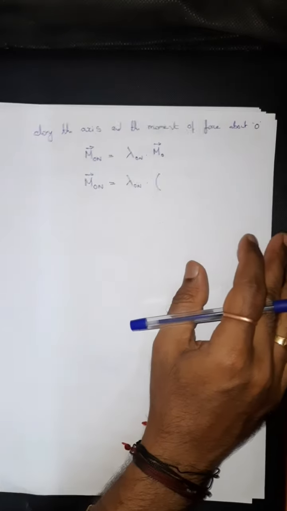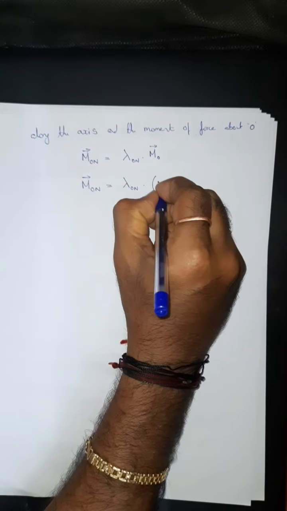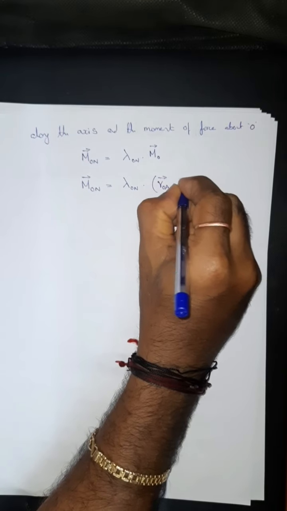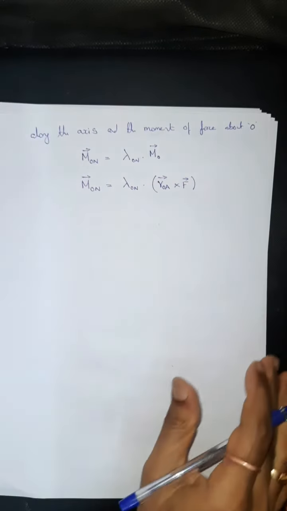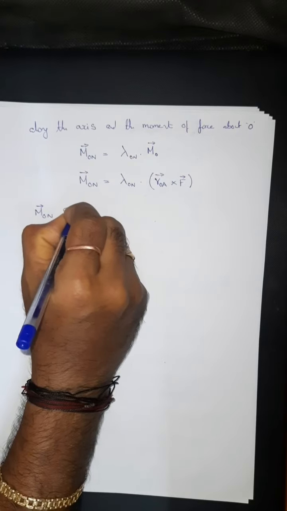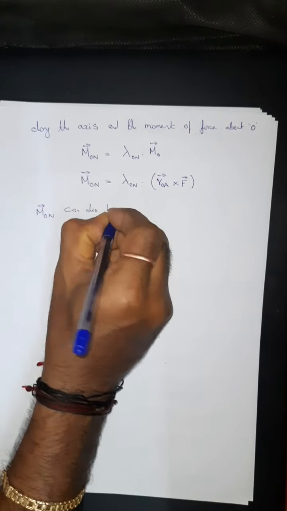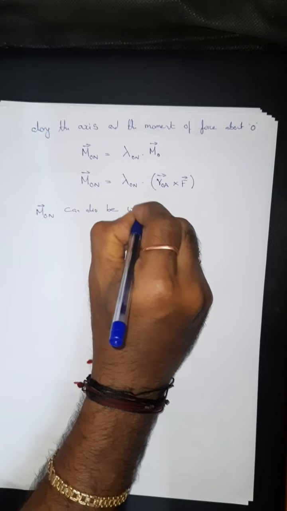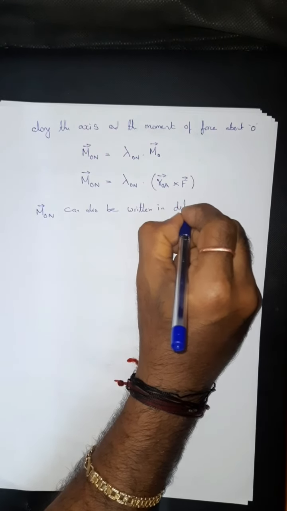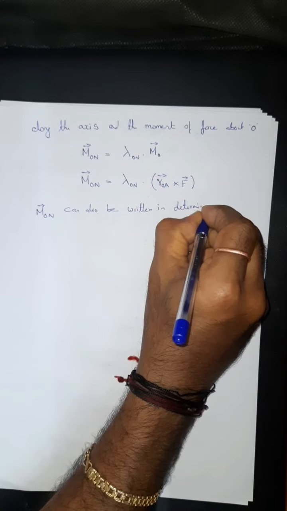So that can be specified here, which can be OA, from the origin to the point, into F vector, right? So that moment about ON can also be written in determinant form, that is matrix form.